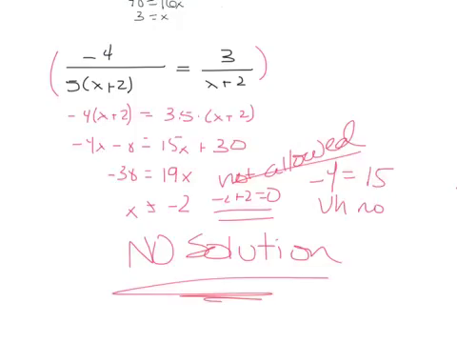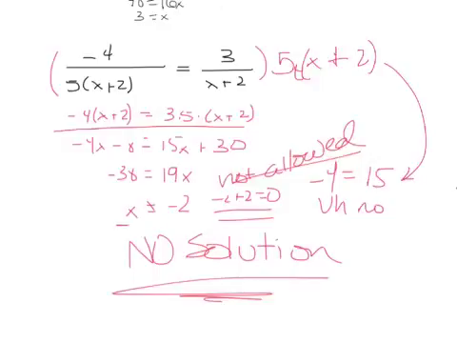We actually ended up figuring out that we could have multiplied 5 times x plus 2 on both sides, and that would have ended up with this answer of negative 4 equal to 15, which doesn't make any sense. And if we had gotten that, you would have written no solution. The other answer you could have done is by cross product, and you would have ended up with x equals negative 2, but x cannot equal negative 2 because it would cause my denominator to be 0, and dividing by 0 is always undefined, and undefined is not allowed.